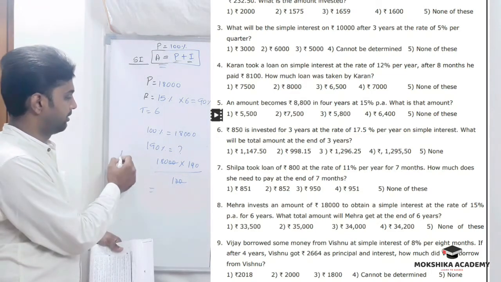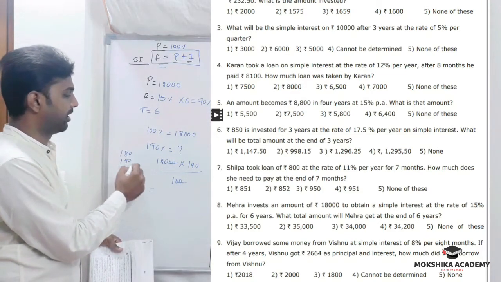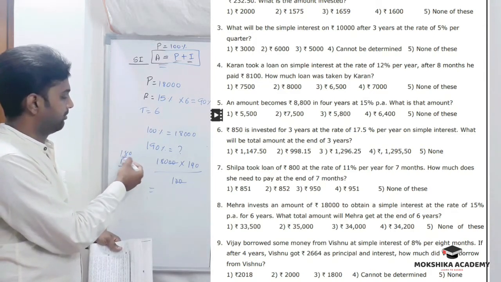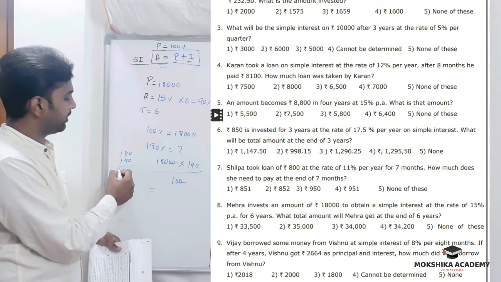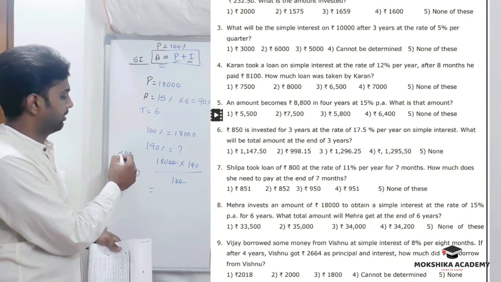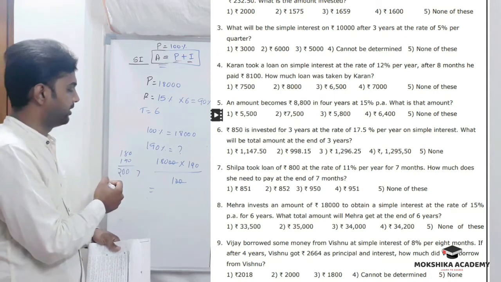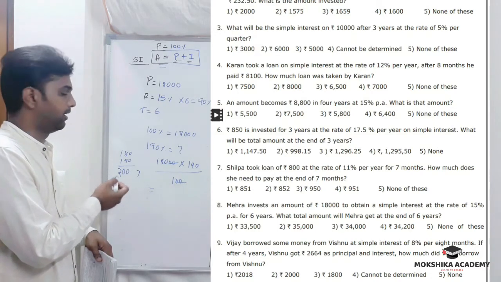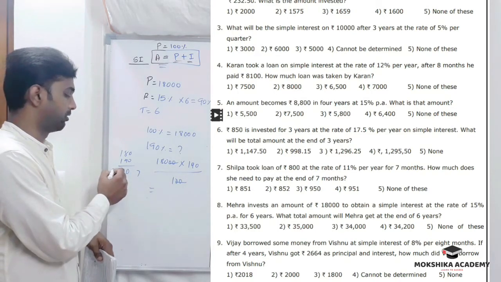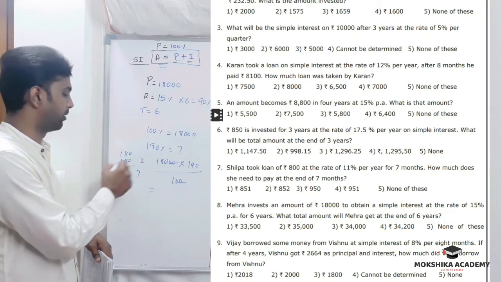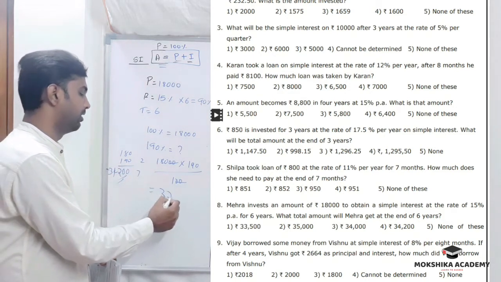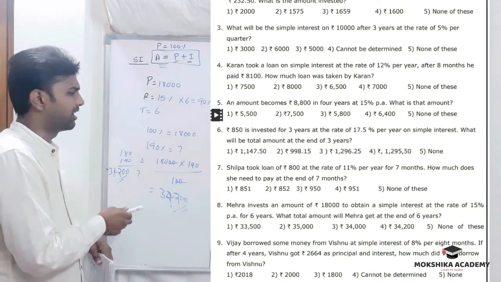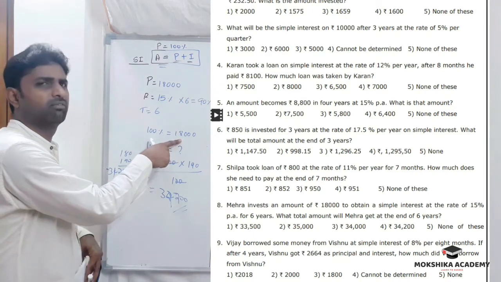Or overall you can go this way also, 180 into 190, a 3-digit multiplication, and you get 34,200. Okay, students. So that way also, or else you can directly say, what is the 90% of 18,000?